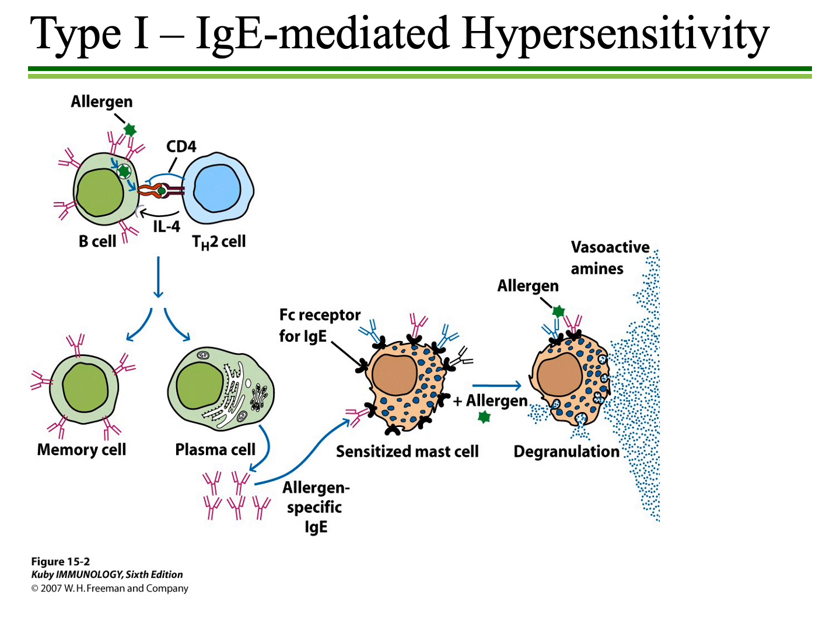Okay, so now let's take a closer, more detailed look at what happens during type 1 IgE-mediated hypersensitivity. Up at the top of the slide, what you see is the typical exposure to the allergen, which then activates helper T cells, and those helper T cells stimulate B cells to form the IgE class of antibodies. So again, what you have is the allergen binding to the receptors on the B cell.